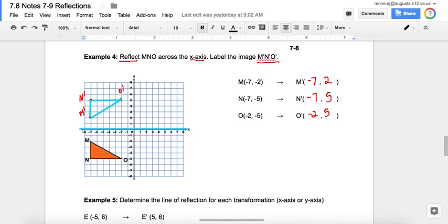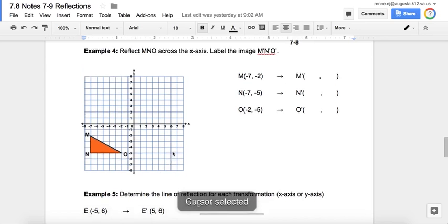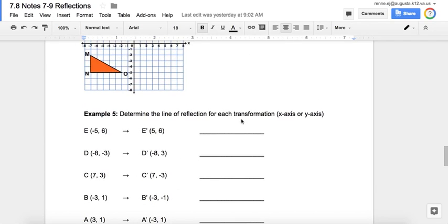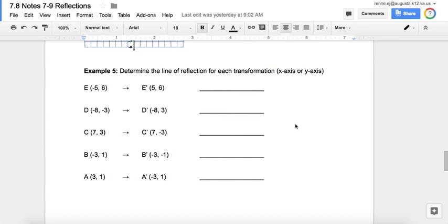So what you can do is pause the video and see if you can determine the line of reflection for each transformation, either x-axis or y-axis, and think about what is different. Okay, welcome back if you paused the video, and let's see how you did.